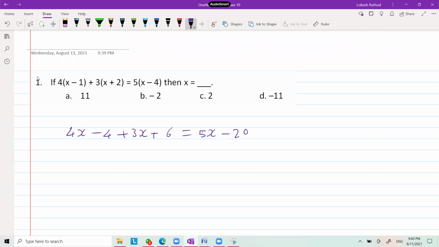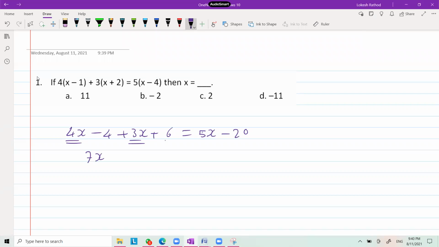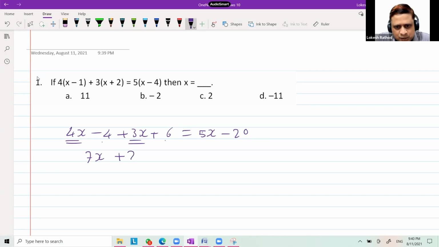Now I simplify the left hand side: 4x plus 3x is 7x, and 6 minus 4 is 2, right? And this side I have 5x minus 20, fine?